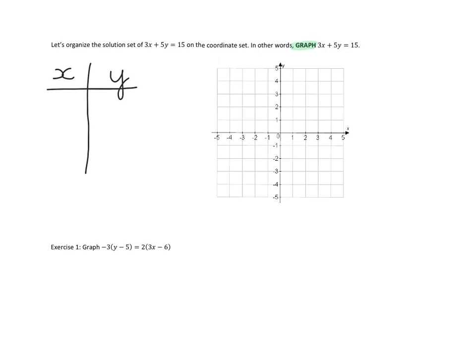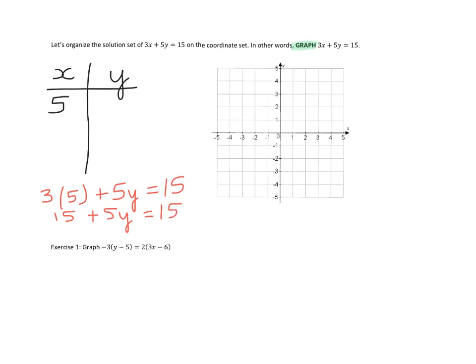Let's plug in 5 for x and see what happens. So if x is equal to 5, we can do a little scratch work down here. X is 5, so 3 times 5 plus 5y equals 15. That's 15 plus 5y equals 15.